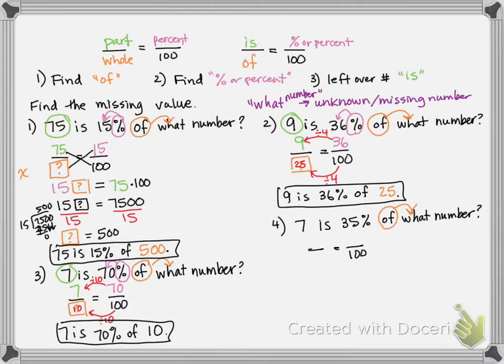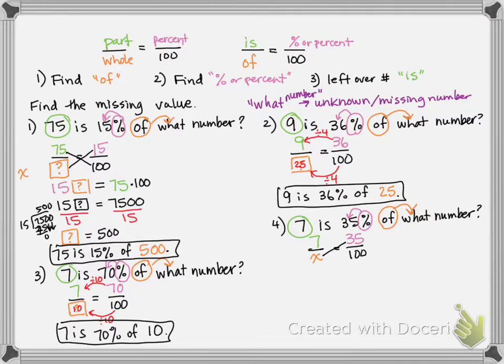And it says what? So that's our mystery number. So this time I'm going to put an X in there. Ooh, scary, huh? Then I'm going to look for percent, symbol or word, and then look in front, and it says 35. Awesome. I got a leftover number. There's only one spot for it to go, in the is or part spot. Okay, so I'm going to do cross products on this one.